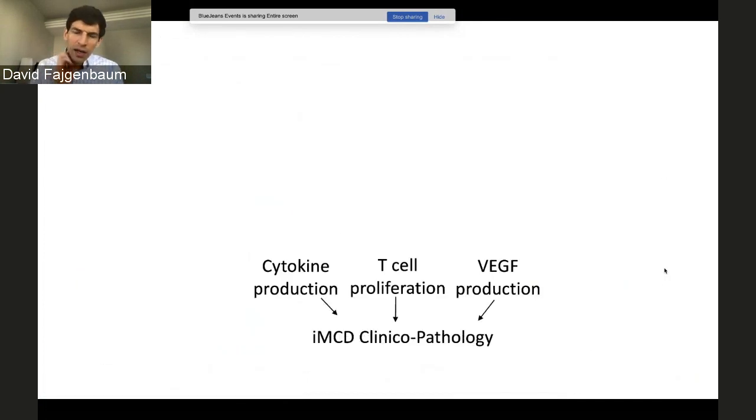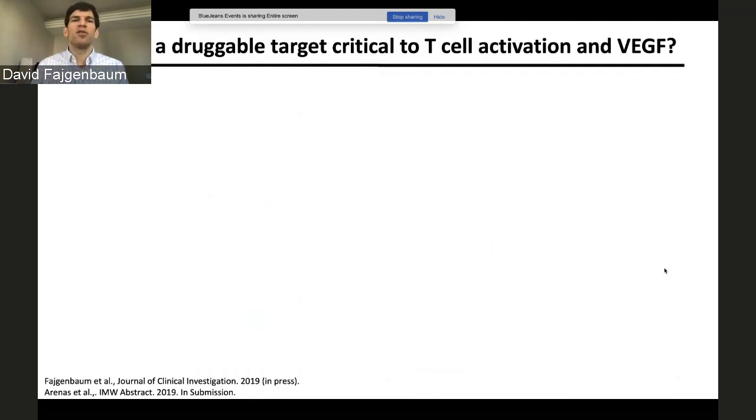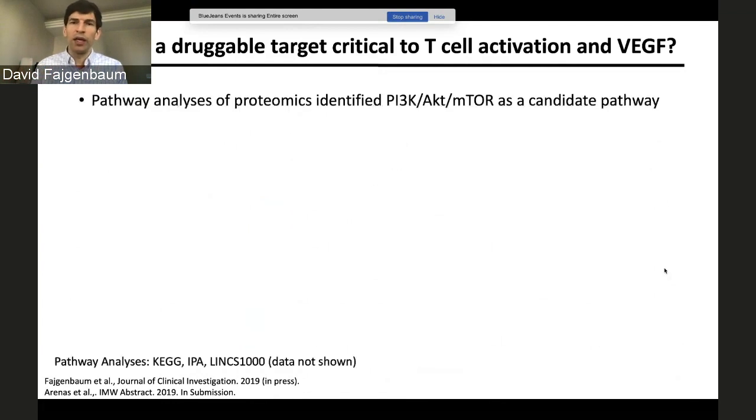So based on the observation that there's increased T-cell activation, VEGF production, cytokine production, we really asked the question, is there something that could be unifying, a particular signaling pathway that could be critical to each of these features, a druggable target, most importantly? And so we ran proteomics data through our pathway analyses, 3 different pathway analyses tools, and PI3 kinase AKT mTOR was enriched across all 3 of the tools, so predicted to be important.